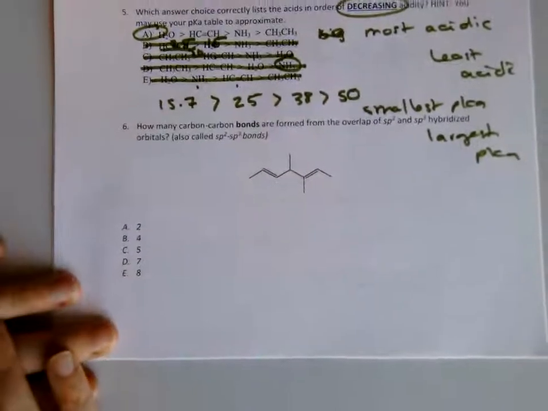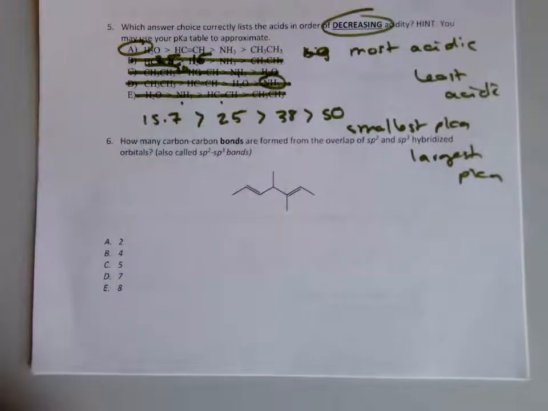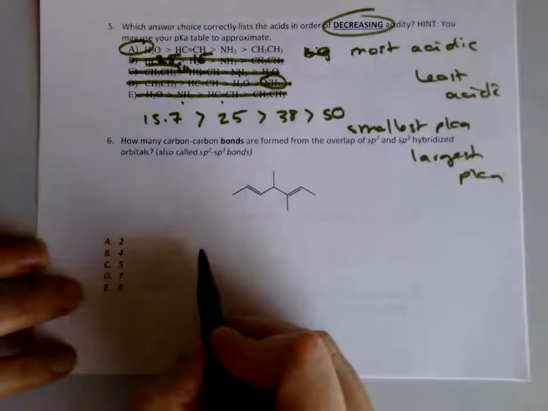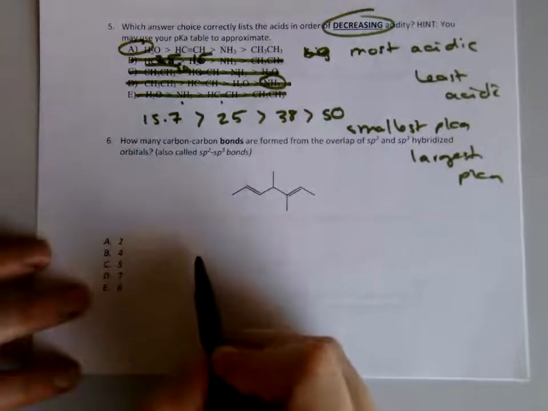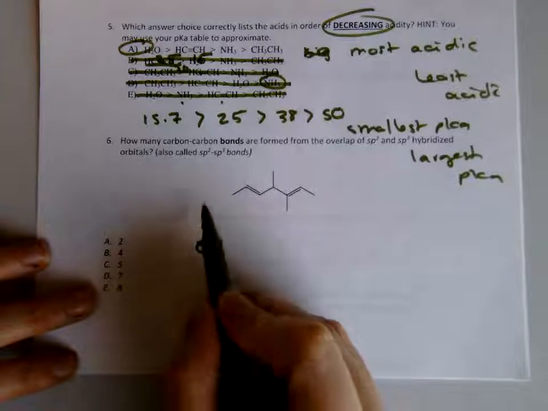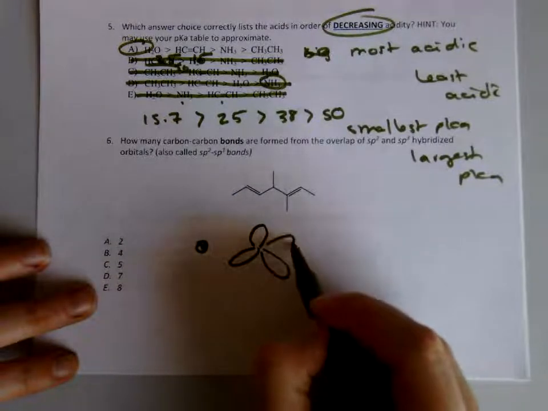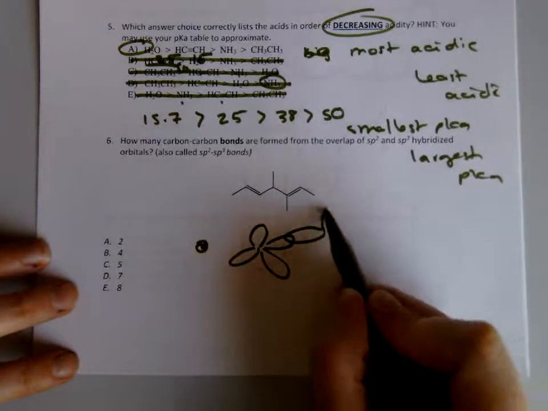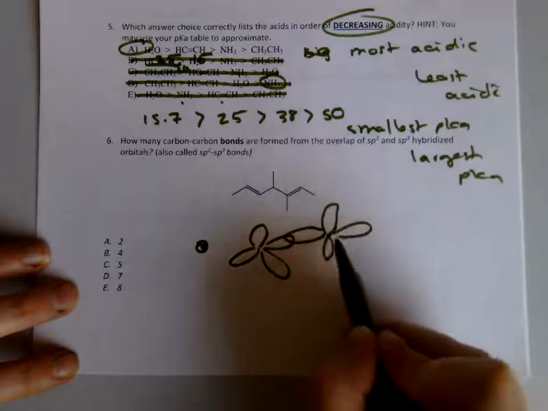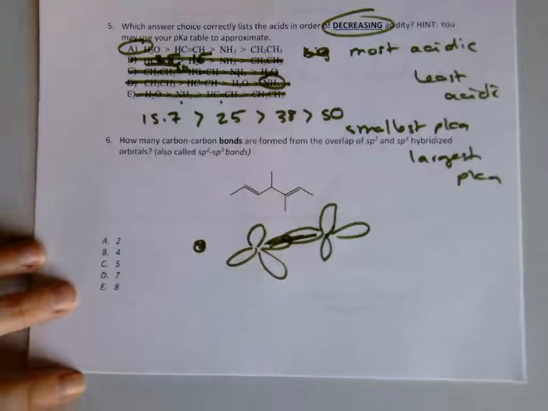How many carbon-carbon bonds are formed from the overlap of sp2 and sp3 hybridized orbitals? So basically, we talked about orbitals and how the hybrid orbitals are tetrahedral in shape, and two tetrahedral orbitals overlapping makes a sigma bond, right?